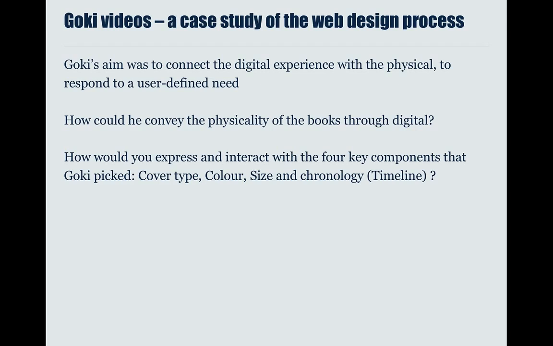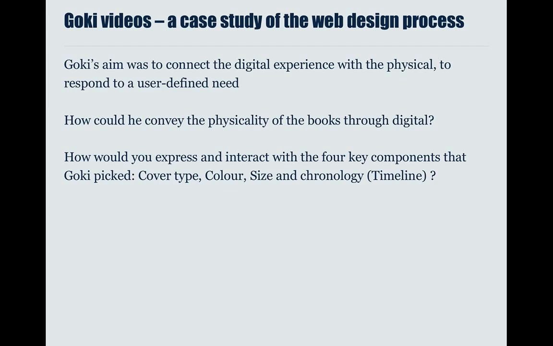He chose the cover type, the colour, the size, and the chronology, the timeline. And each of these could be expressed in very different ways. So again, I think it's perhaps worth you pausing and reflecting and perhaps sharing on the forum your views with respect to how each of these 4 components could have been represented differently.